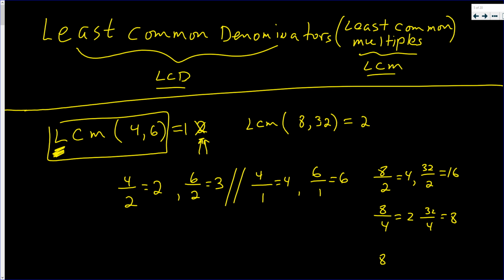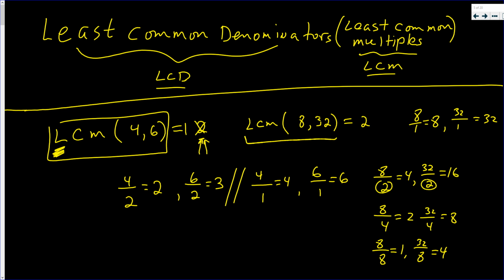And 8 even goes into both of these numbers. So why do you pick 2? Because it's the smallest number? Nonsense. 1 goes into 8 evenly, and 1 goes into 32 evenly. So not only are you doing it wrong, you're making a mistake when you do it.